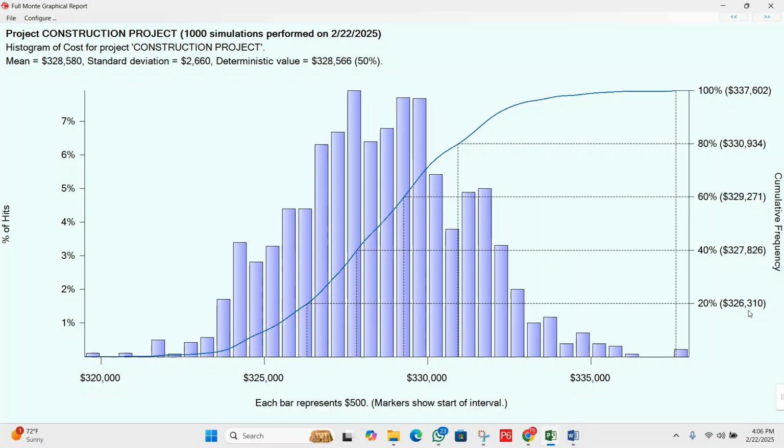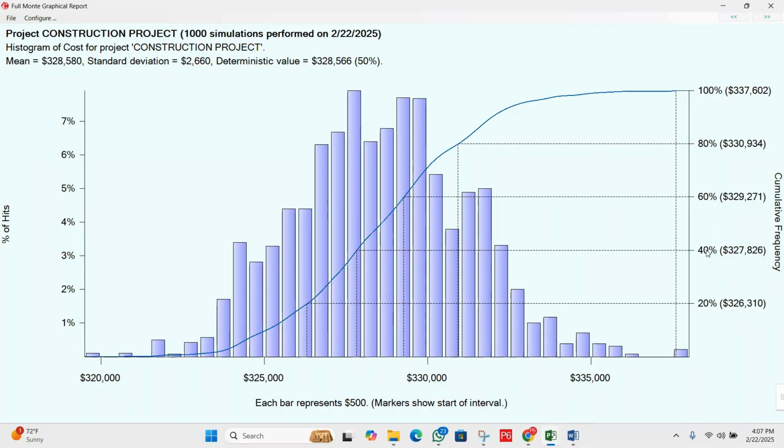So there is only a 20% chance that the project will cost $326,310 or less. Then the second, 40%: there is a 40% probability that the cost will be under $327,826. Then 50%, which is the deterministic value, as we can see on the top, 328566.